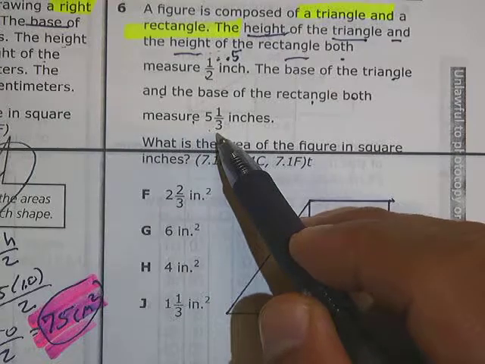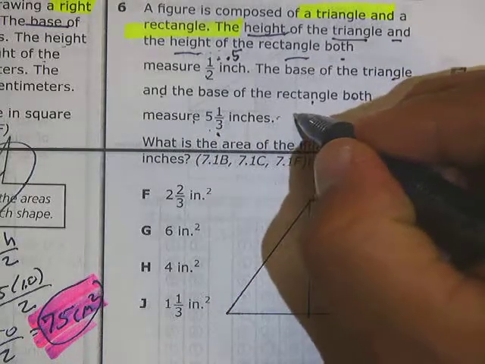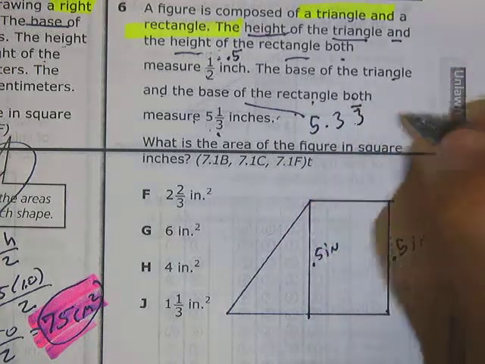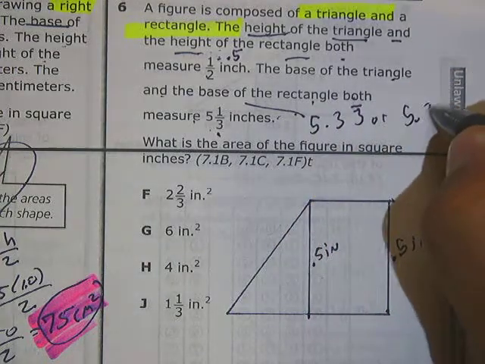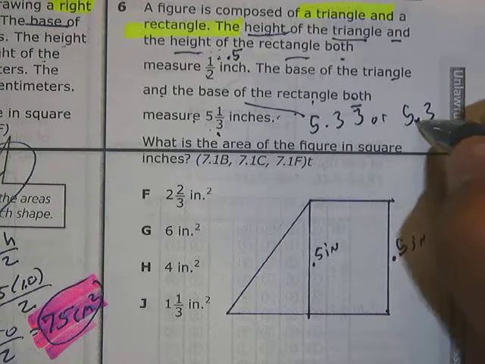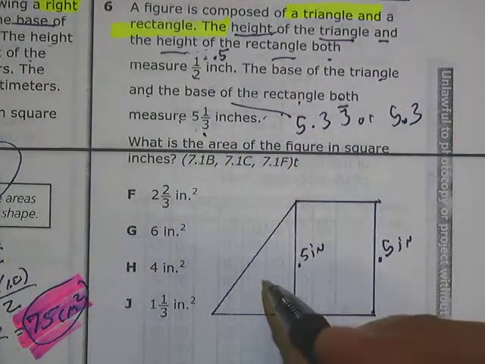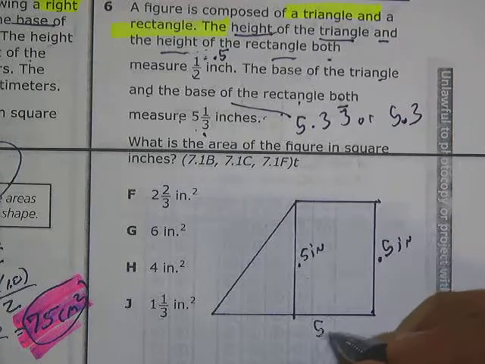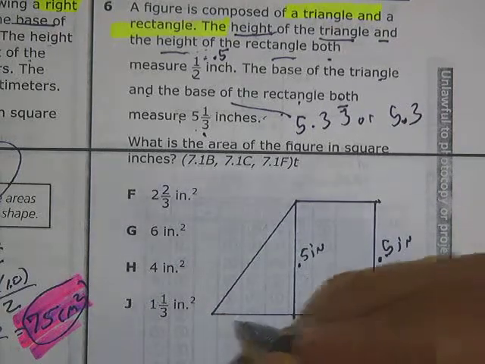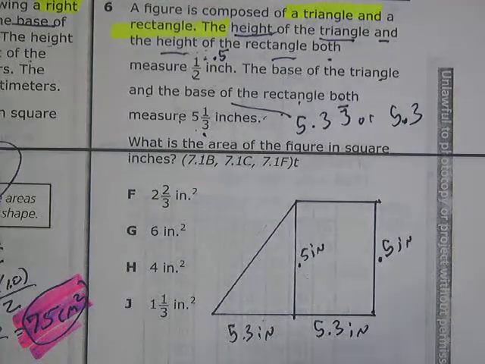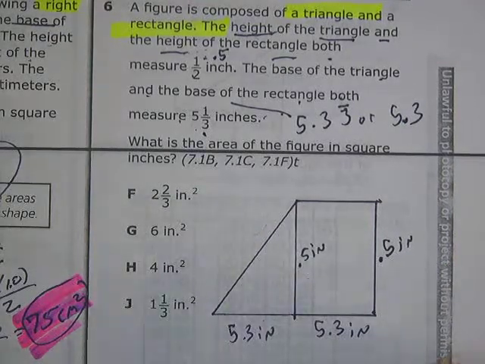And it says there the base of the triangle and the base of the rectangle both measure 5 1/3 inches. So I can convert that 5 1/3 to 5.33 with a repeating bar, or I can just use 5.3 for this problem. So the base of the triangle and the base of the rectangle are both the same: 5.3 inches.